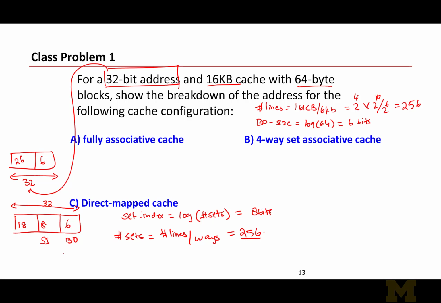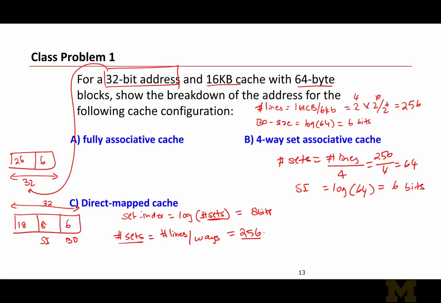Finally we have the 4-way set associative cache. In this case, what changes is the number of sets. We take the number of lines and divide them into 4 ways instead of a single way as in the direct mapped cache. So 256 divided by 4 is 64 sets, which means the set index size is log to the base 2 of 64, which is 6 bits.